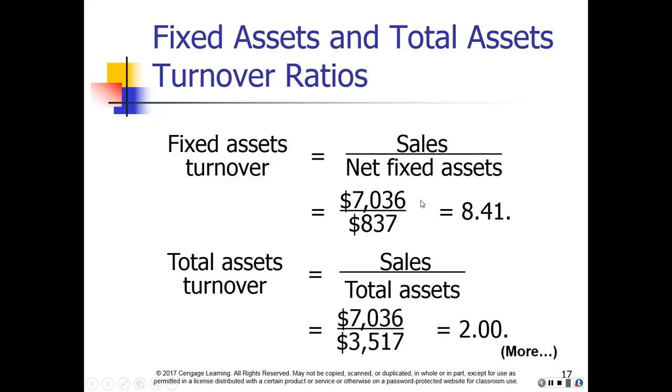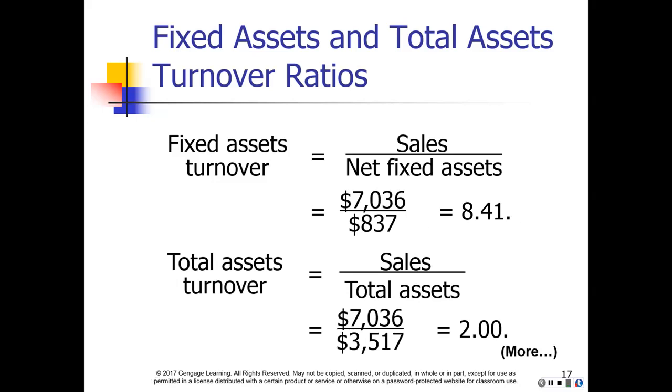So take the total sales, which again comes from the income statement. Net fixed assets comes from the balance sheet. On the asset side, it's gross fixed assets minus accumulated depreciation, and that's the net fixed assets. So sales divided by net fixed assets for 2017, we get 8.41.